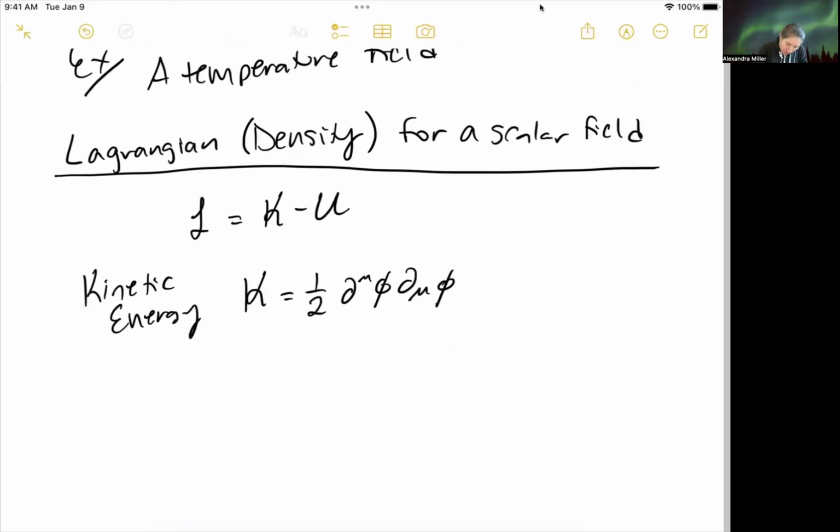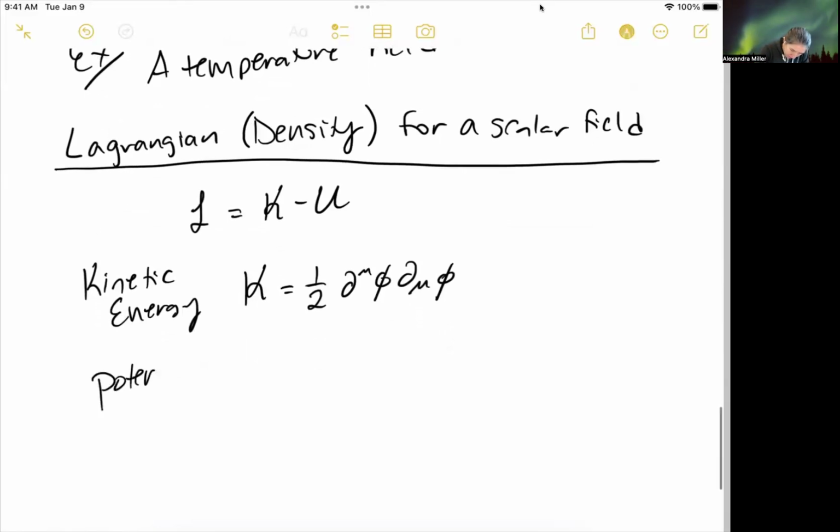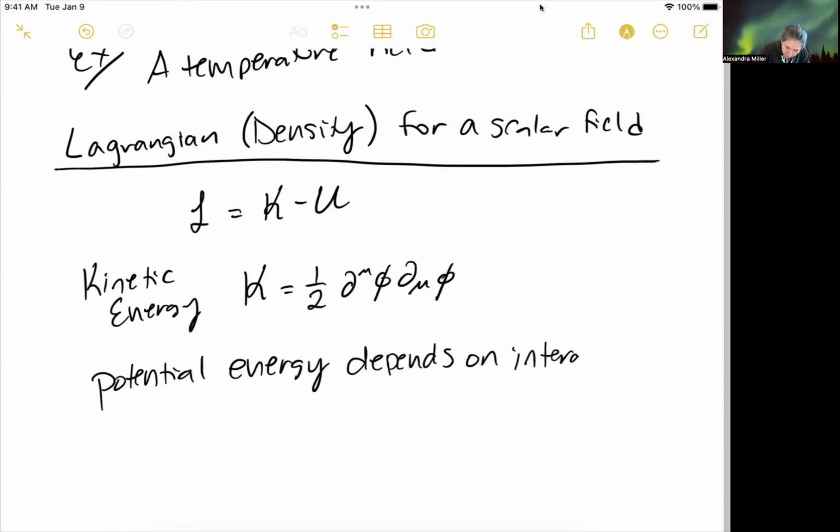Now, the potential energy is going to depend on what types of interactions I have for the particular theory that I'm studying. So ultimately, when we do more advanced things, when we have more than one type of field, then we might have two different fields that interact with each other. And remember, these fields are sort of associated with our particles.